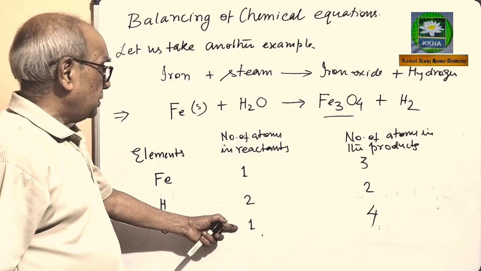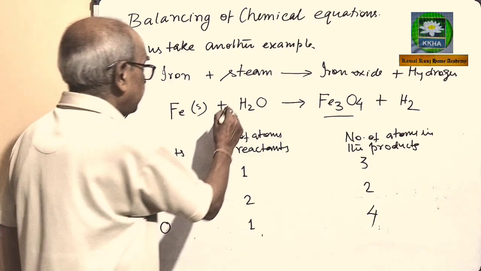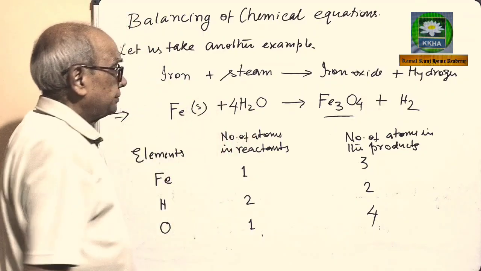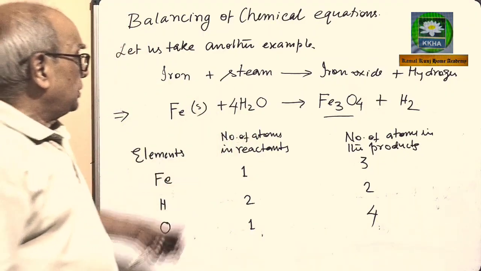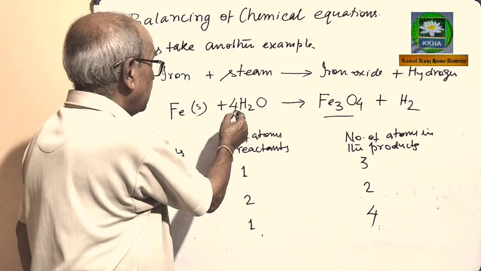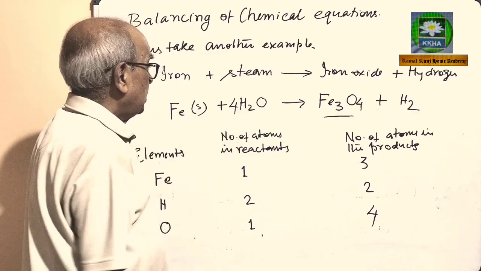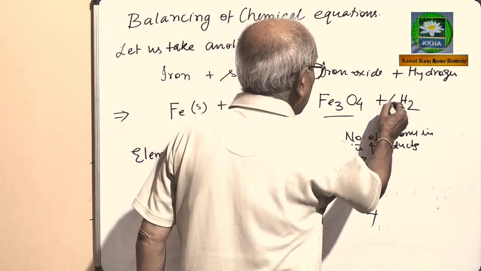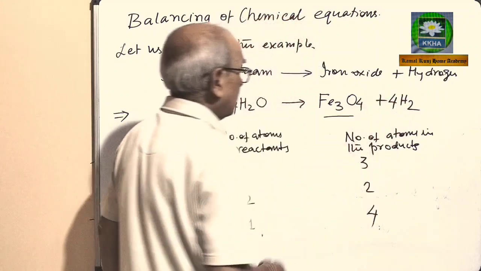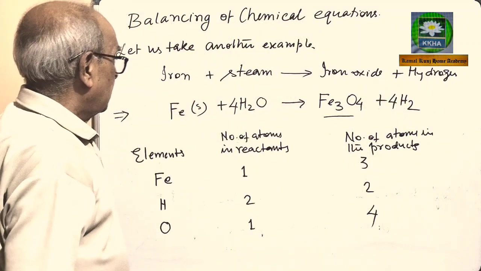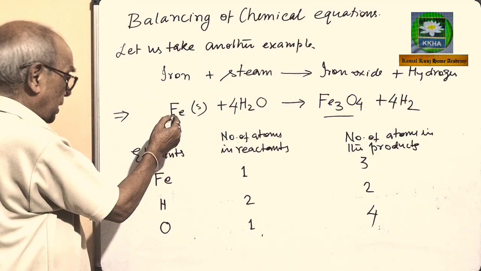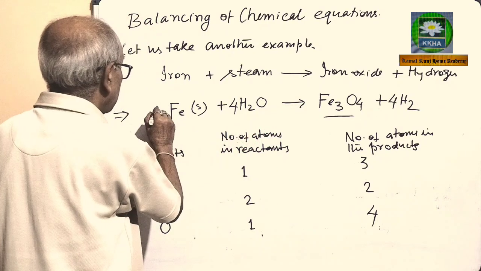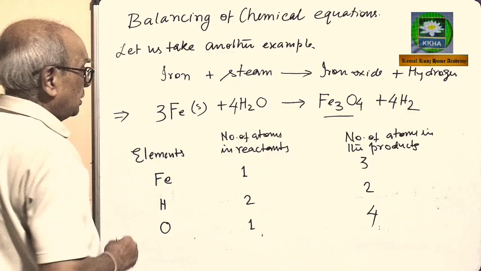Here it is 1, so we have to make it 4. Now if we make oxygen 4, then hydrogen becomes 8. Here it is 2, so make it 8. Now here atoms of iron is 1, here it is 3, so make it 3.